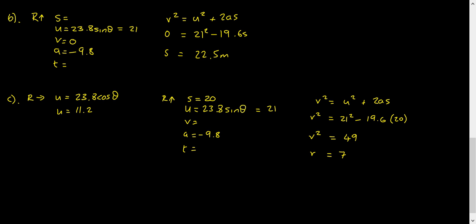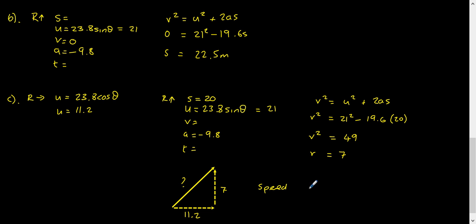So how do we put these two together to work out what the speed is? Well, we can see what we've got here is a particle that's traveling in this direction at this point. Its horizontal velocity is given by 11.2. Its vertical velocity is given by 7. So to work out its speed, we just need the hypotenuse.